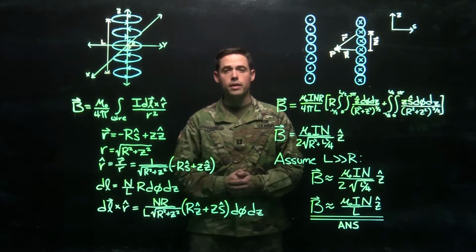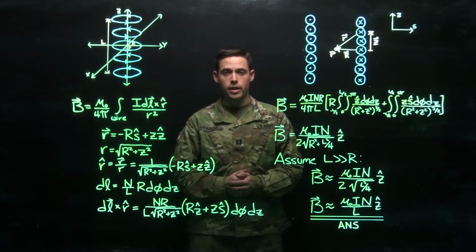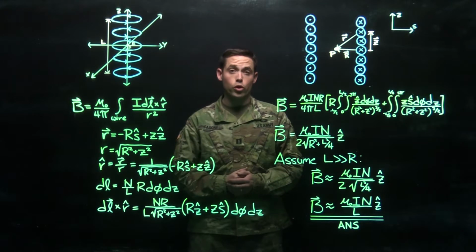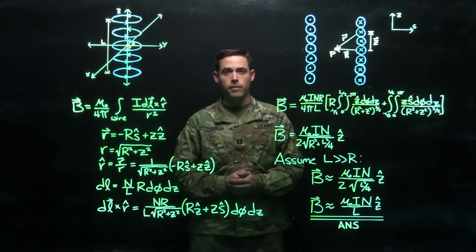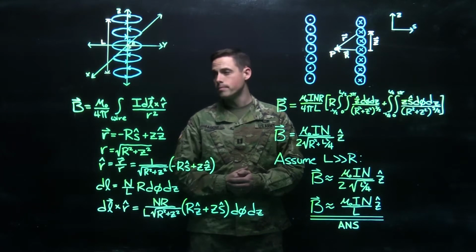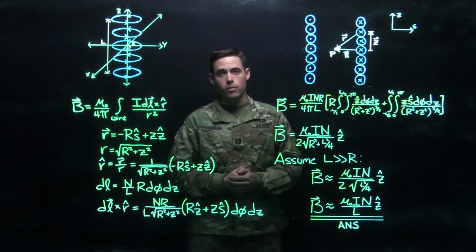In 1820, Danish physicist Hans Ørsted discovered that moving charge, or current, generates a magnetic field. Later that year, French physicists Jean-Baptiste Biot and Félix Savart created a mathematical model that expresses this magnetic field. Here is the Biot-Savart Law.